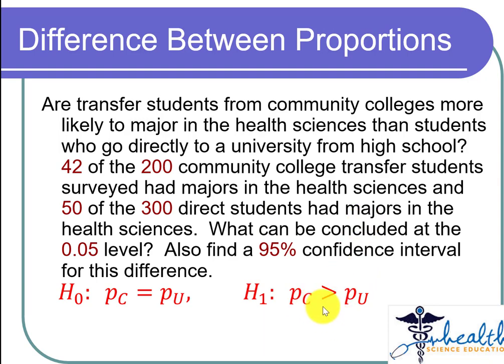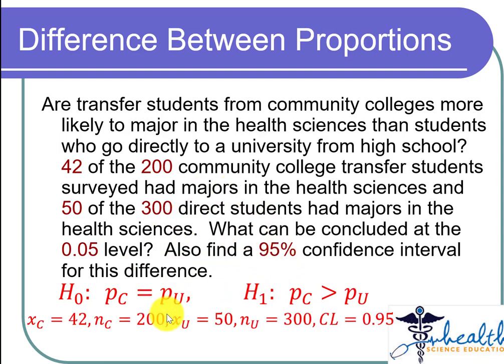Notice greater than because we're asking if community colleges are more likely to major in health sciences. More is greater than. Then we should look at all these numbers: 42, 200, 50, 300, 0.05, and 95%. And let's write down what they are in terms of symbols.